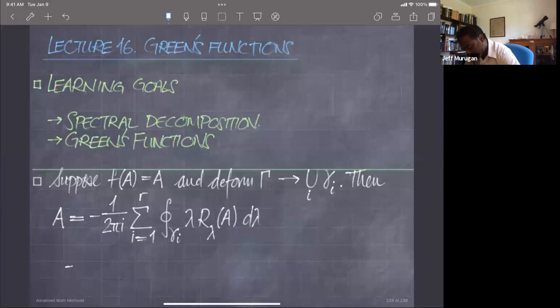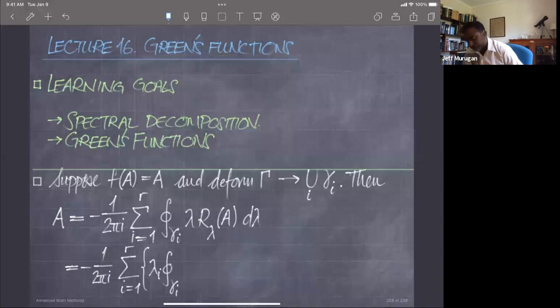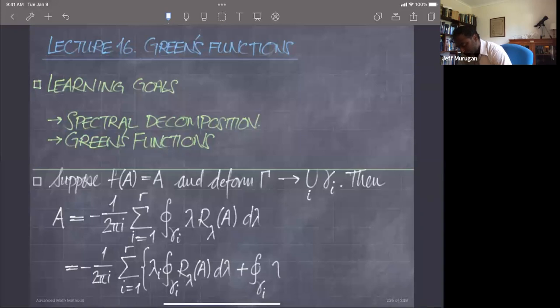So this is equal to minus 1 over 2 pi i times the sum over i equals 1 to r of lambda i times the integral over gamma i of R lambda of A d lambda, plus the integral over gamma i of lambda minus lambda i times R lambda of A d lambda.